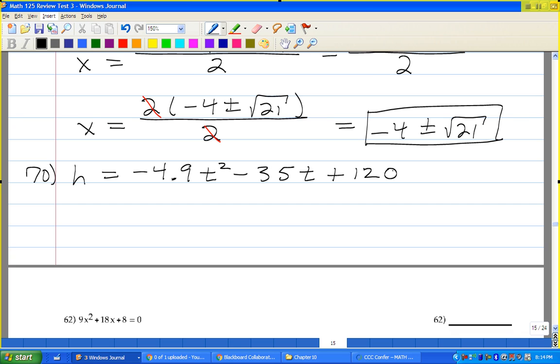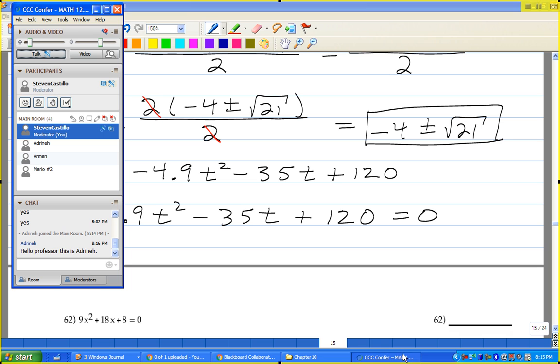Okay, and so I want to determine how long it takes until it hits the ground. Well, when it hits the ground, it is 0 feet above the ground. And so you set this equal to 0 and solve for t.